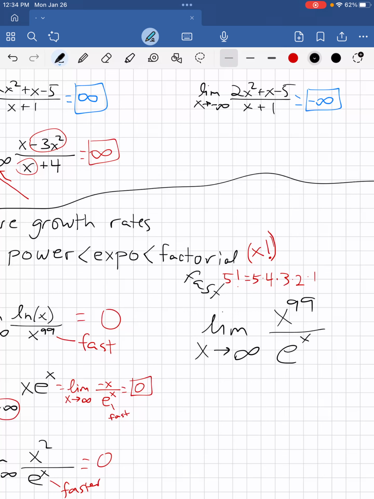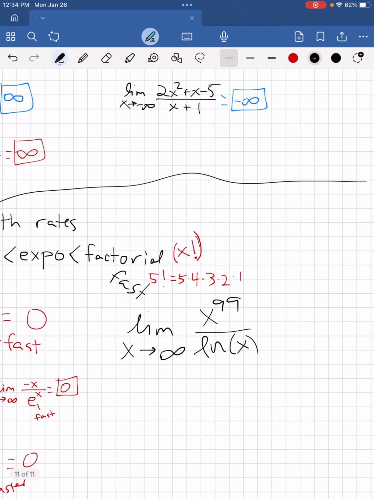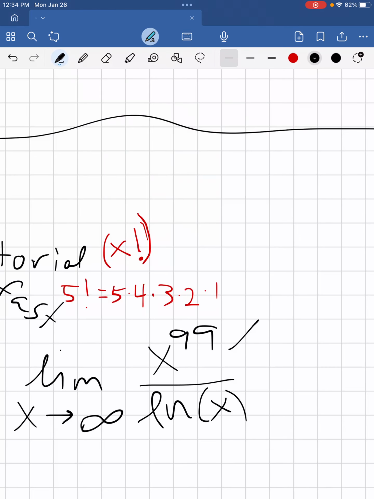There we go. All right, so in this case, what's different from the other examples we've done is the fact that our fast thing, our function with the faster growth rate, is in the numerator. That means that the top part of the fraction is getting bigger a lot faster than the bottom. So the overall value of the number is getting more and more positive the larger x gets. So this limit would be infinity.